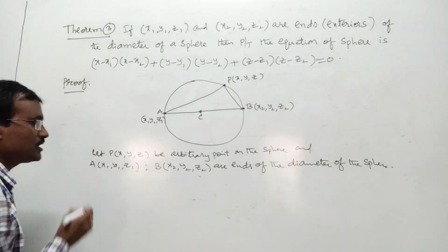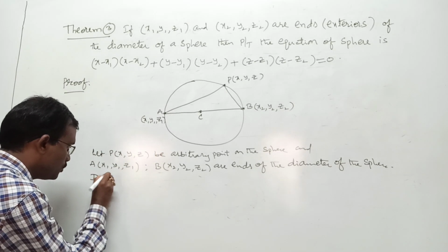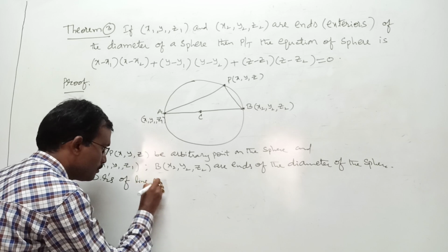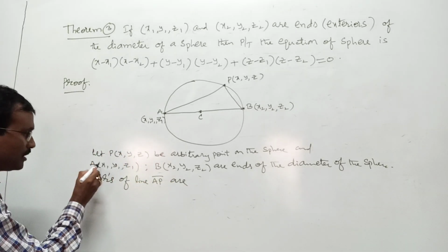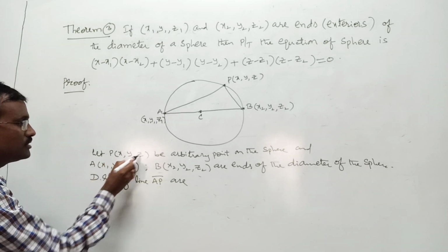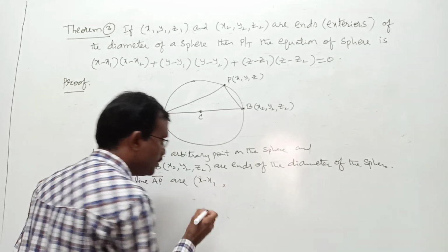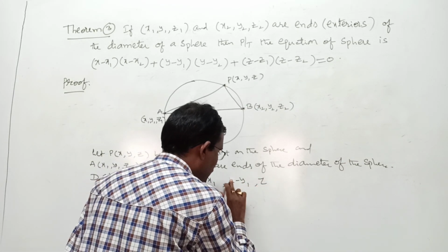Now define direction ratios of line AP. Direction ratios of line AP are x minus x1, y minus y1, z minus z1.